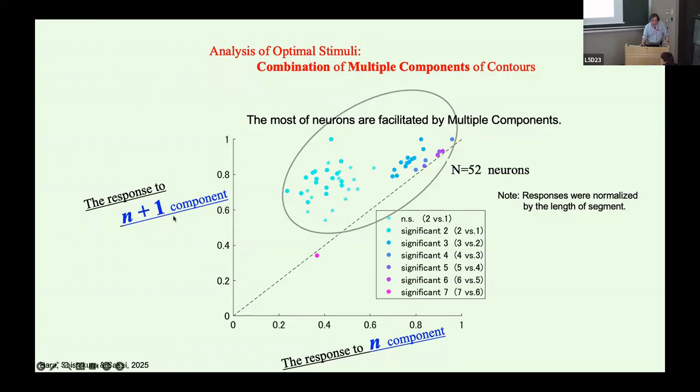This slide shows how much the response increased when we added one more component with respect to the original. So for example, if we have 2 components here, we compare the response to those with 1 component, okay? And each dot represents a single neuron. We can see that most of the neurons lie above the diagonal, indicating that these neurons responded more strongly when an additional component was added.